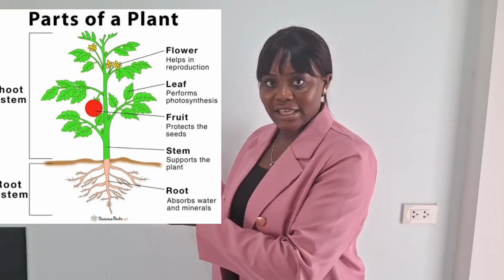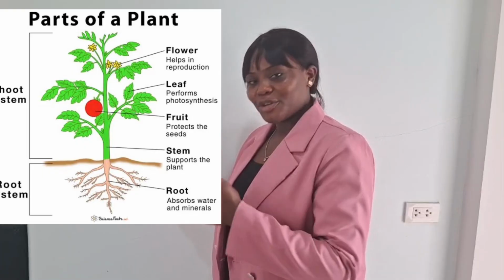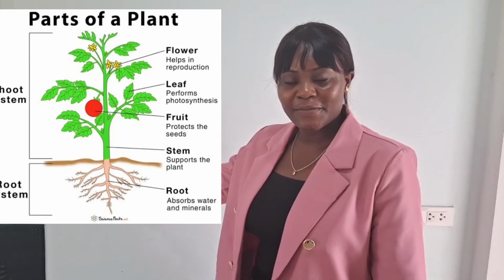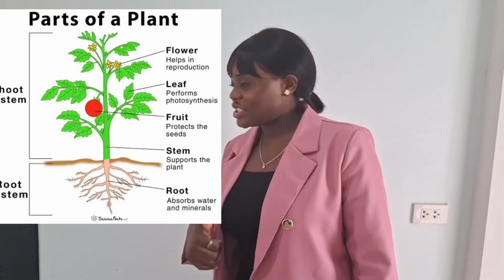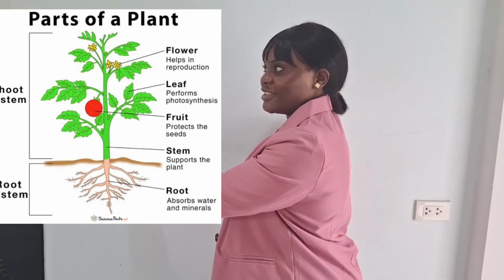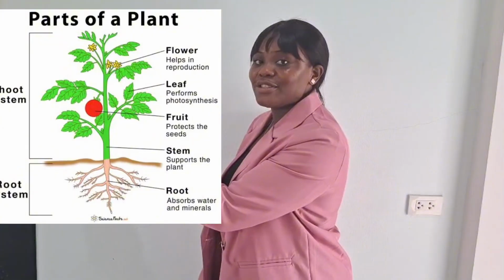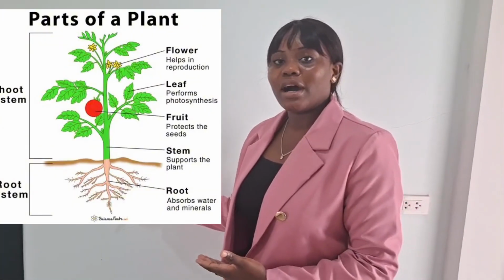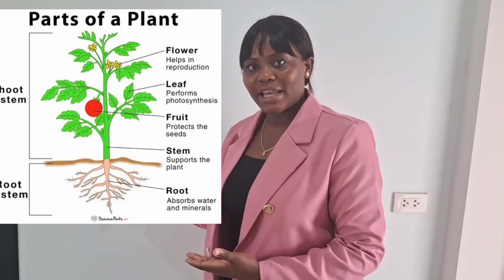The leaf. Leaf. Correct. And we can find the flower. Flower. Good job. And what else? The fruit. The tomato fruit. Good job. So these are the parts of a plant.